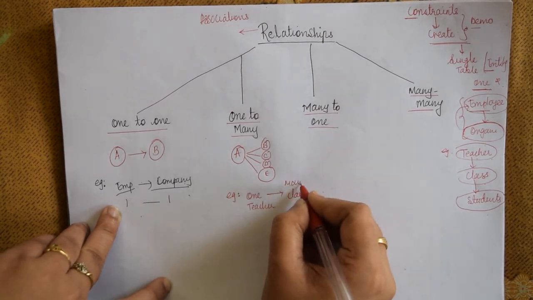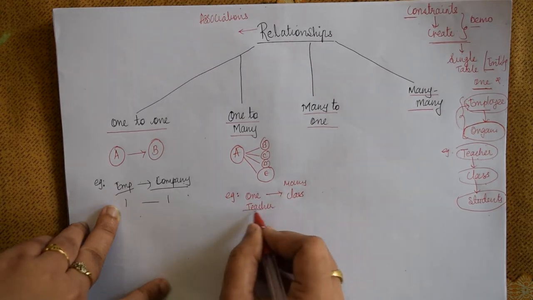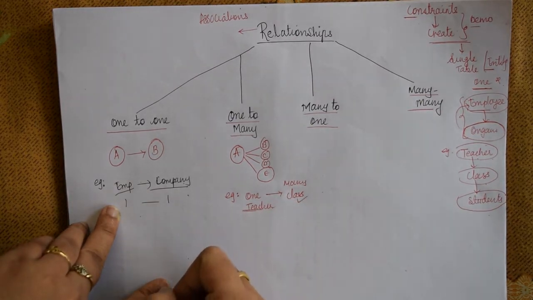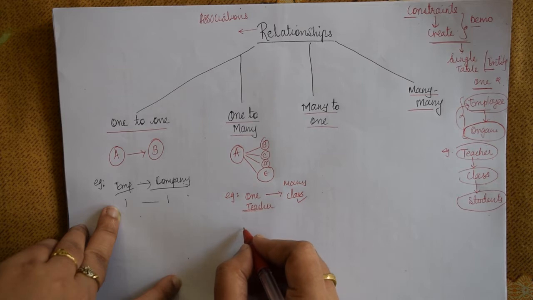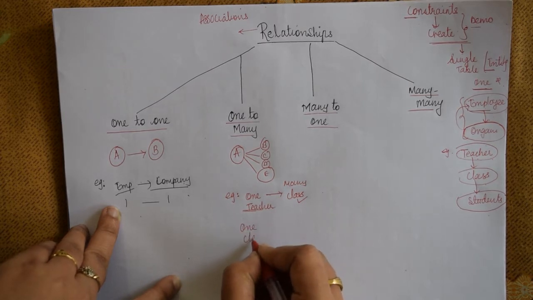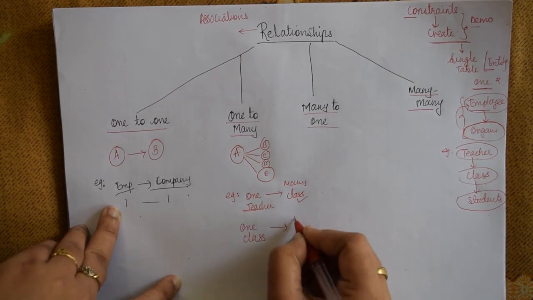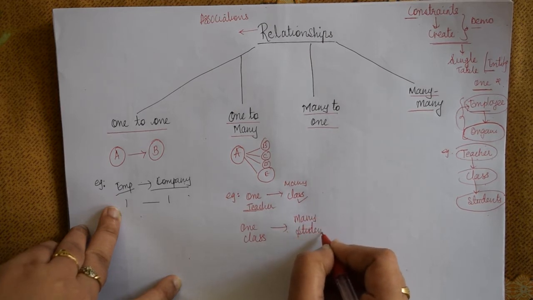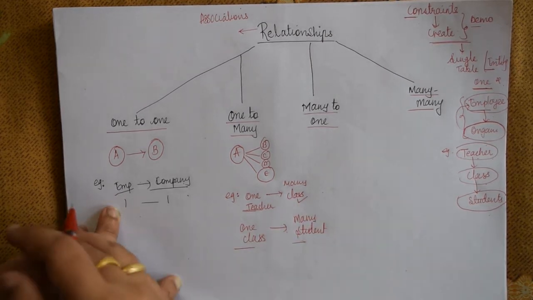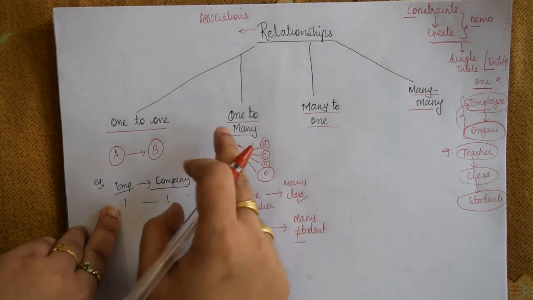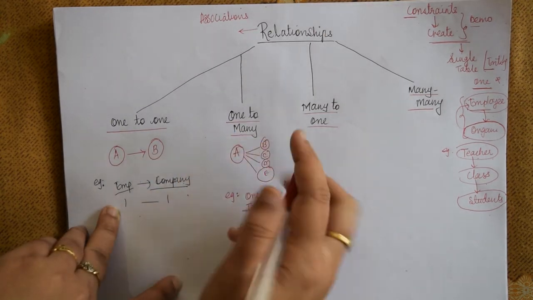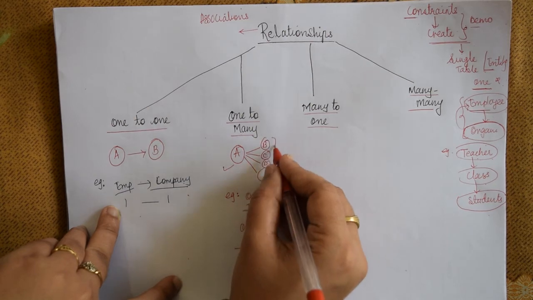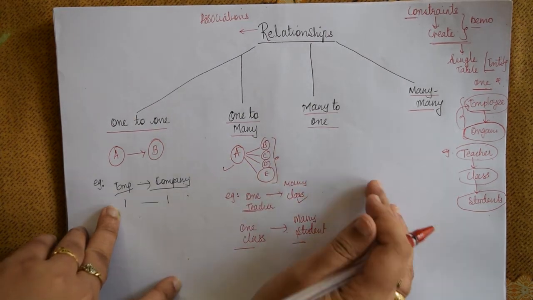One teacher teaching many classes, one entity belongs to many entities, and one class can have many students, again a one to many relation. Understood? This is the one to many relation. One entity belongs to more than one entity.